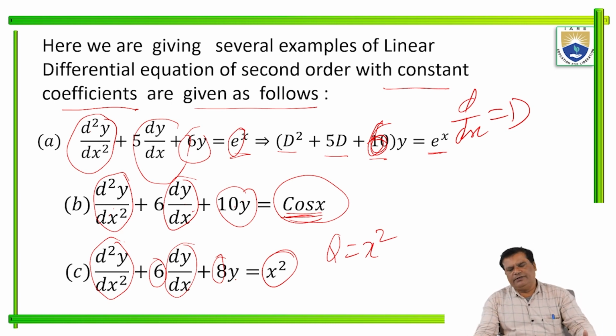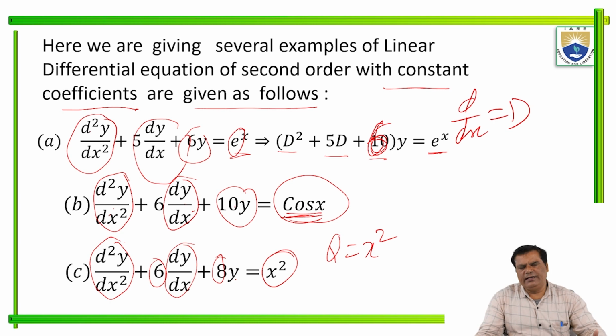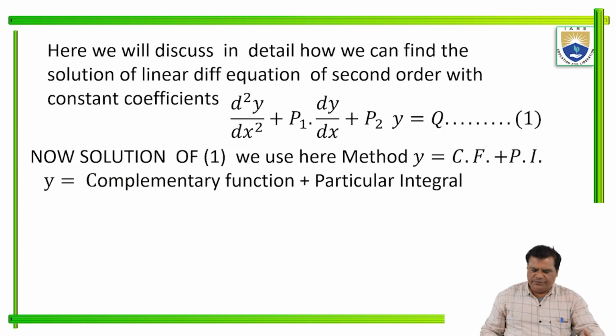So here we have shown several examples related to linear differential equations of second order with constant coefficient. You understand clearly that in each term there are numbers multiplying the derivatives, and in the right hand side there is some function of x. So this differential equation is known as a linear differential equation of second order with constant coefficient.